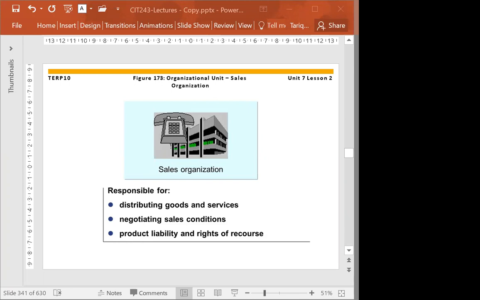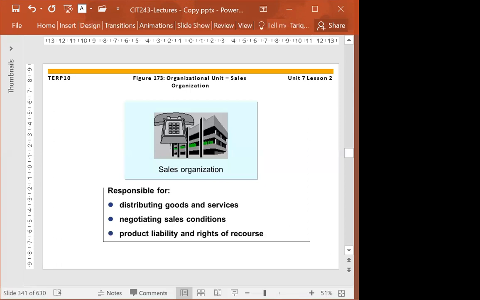And if you want to use a sales organization, then remember at least one sales organization must be there. If there is no sales organization, you cannot use the SAP sales and distribution system.